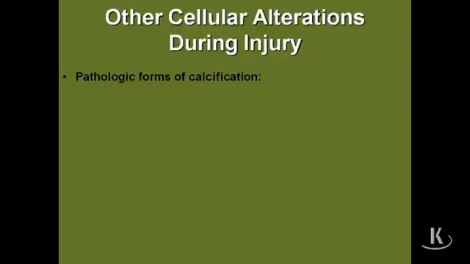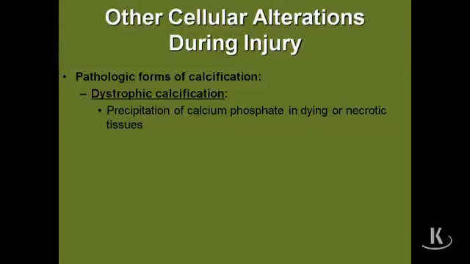The last thing we want to talk about in this chapter is calcifications. And there are two forms of calcifications that become important to understand. There's what is called dystrophic calcification, where basically what happens is you get calcium precipitation, especially with phosphate. And this can be in degenerating or dying tissue or tissue that's becoming necrotic. And it can be a normal process as degeneration.